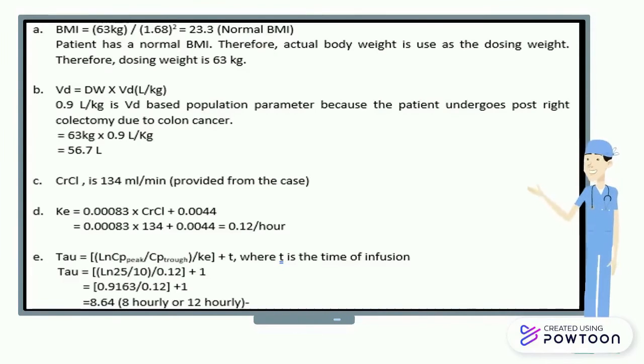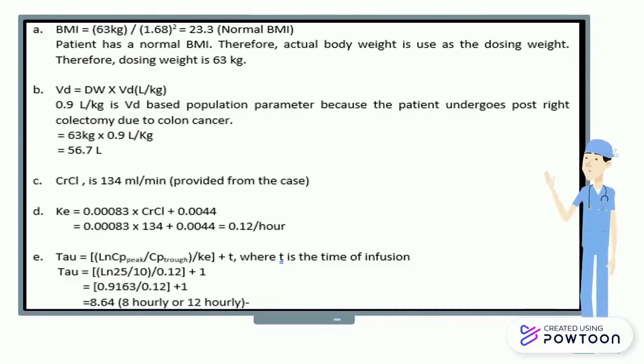For the creatinine clearance, it is already stated in the case, which is 134 milliliter per minute. Moving on to the Ke, which is the elimination rate, after calculating it, it turns out that the Ke is 0.12 per hour. Whereas for the tau, after two rounds of calculations, the final value is 8.64.